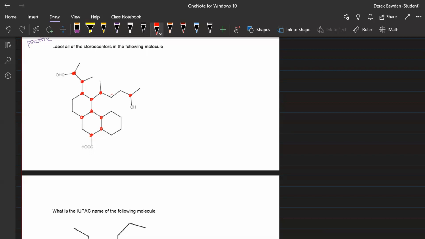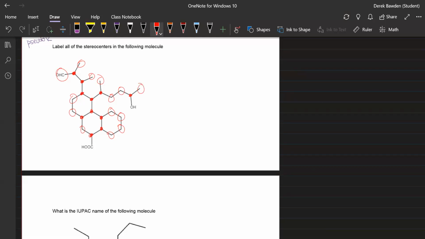Again, we can ignore our CH2s. All of these are CH2s, CH3s, and this one would have a hydrogen on it as well. It's actually an sp2 hybridized carbon because it's an aldehyde.